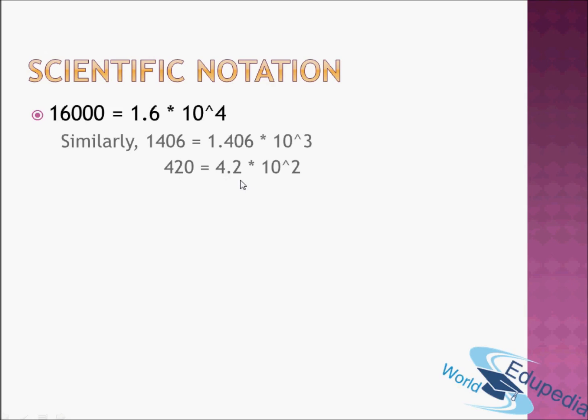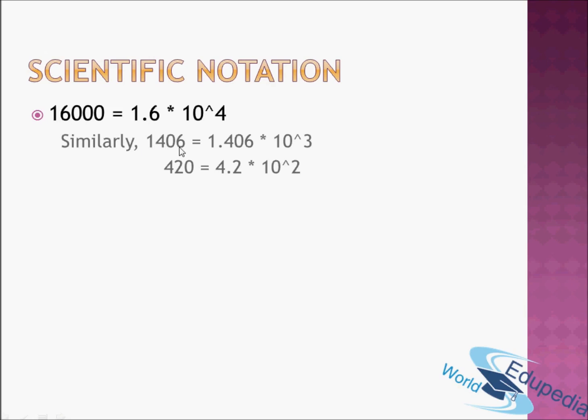Please note here that the number of significant figures cannot be changed while writing a number in scientific notation. In 16,000 we have only two significant figures, 1 and 6. So in scientific notation we have written it as 1.6, not 1.60 or 1.600. The number of significant figures must be maintained.